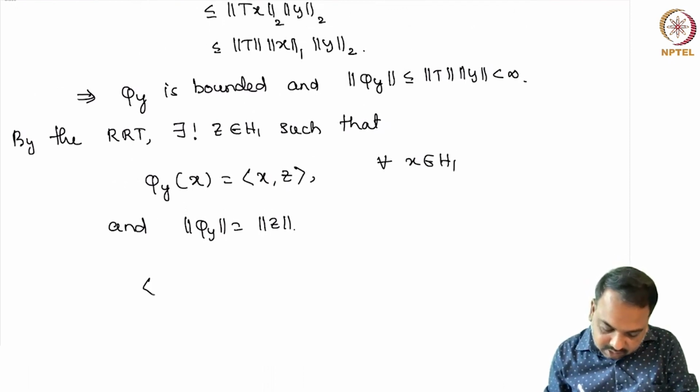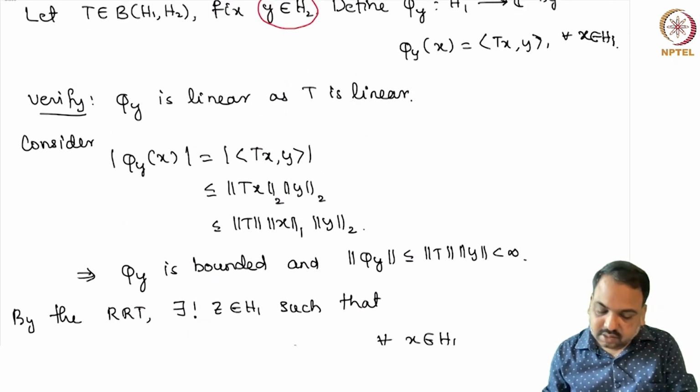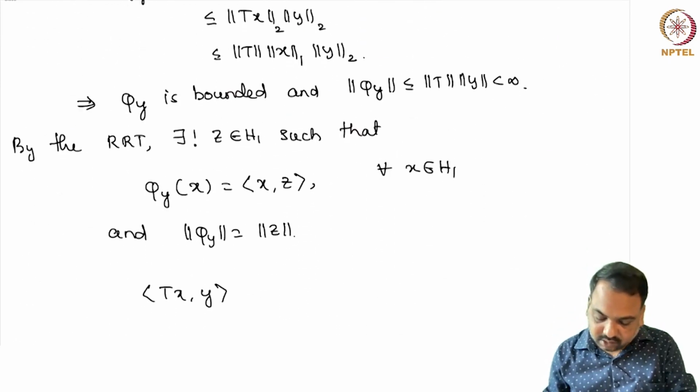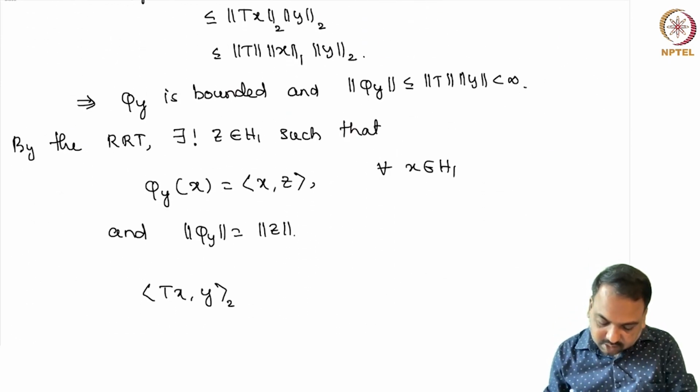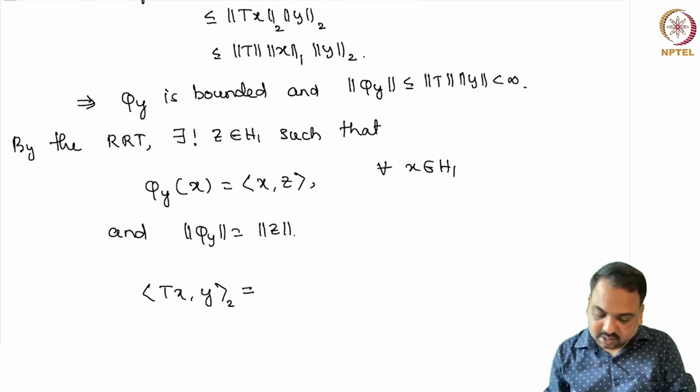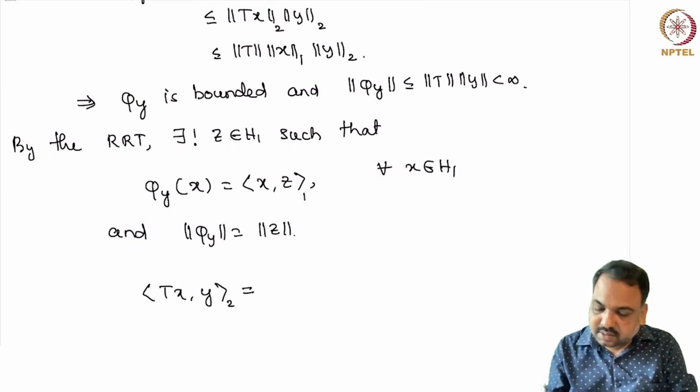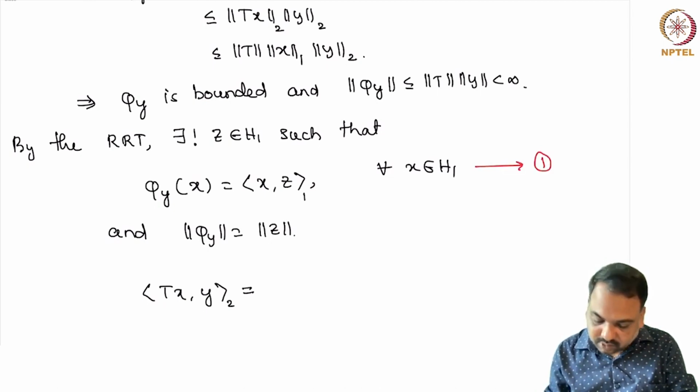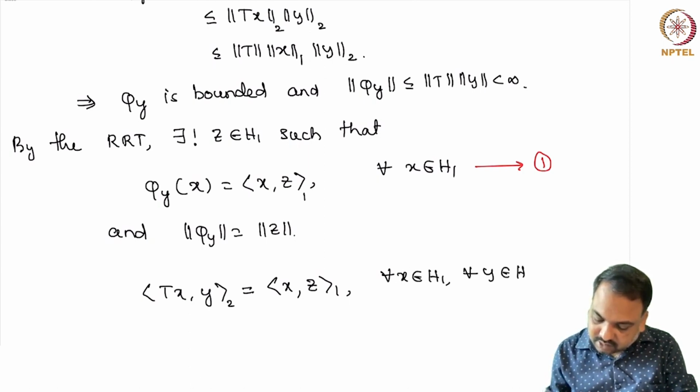The earlier condition was the inner product of Tx with y in the second Hilbert space, and by this relation, let me call this 1, this is the inner product of x with z, for every x in H1 and for every y in H2.